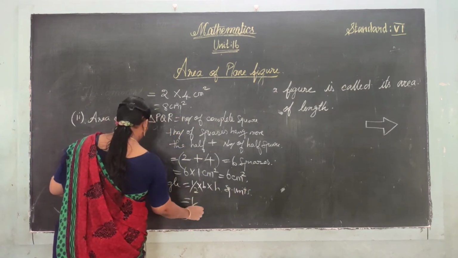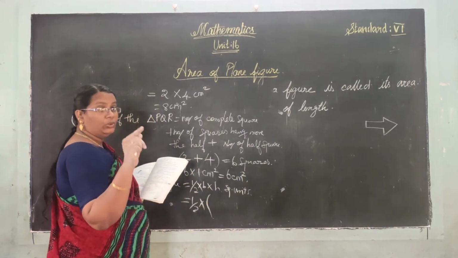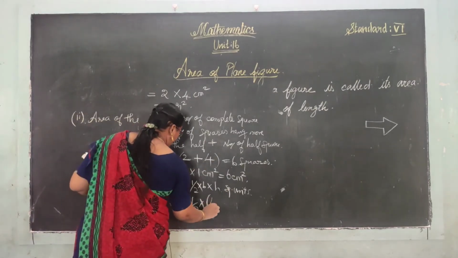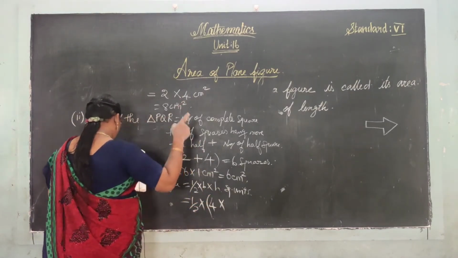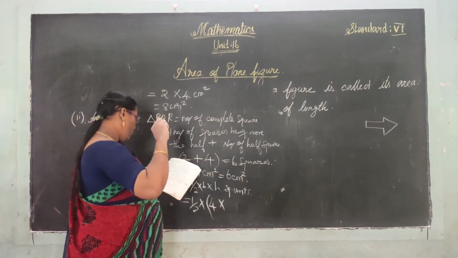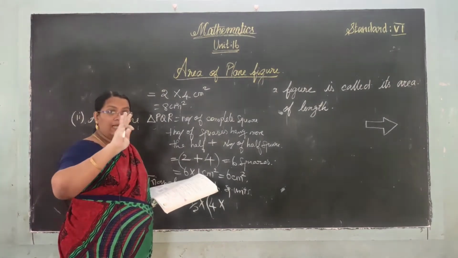Half, base value, count the numbers, 1, 2, 3, 4. Base is 4. And height, how many of them? Counted that 1, 2, 3. So how many rows are there? 3 rows.